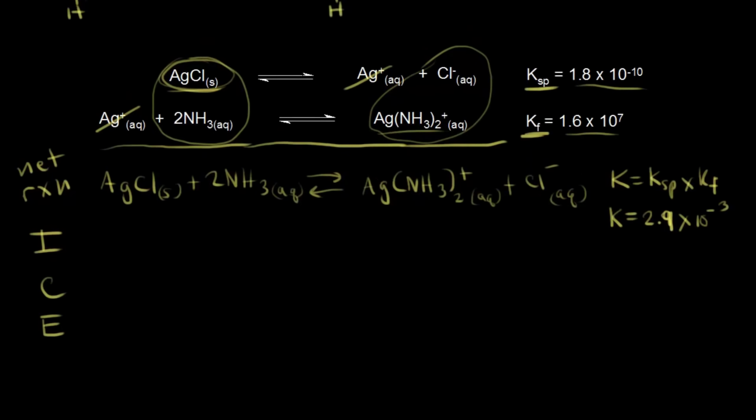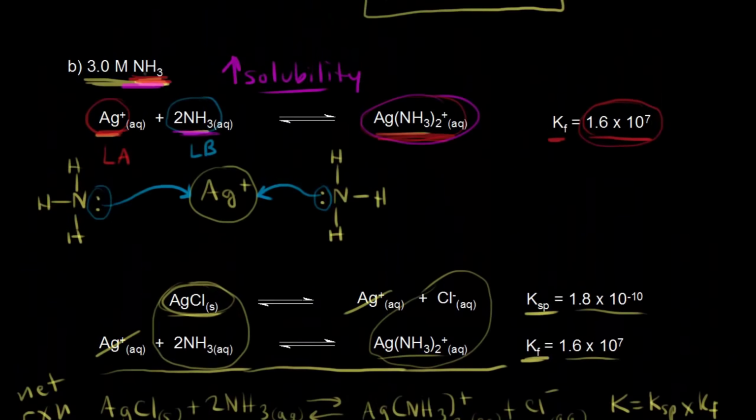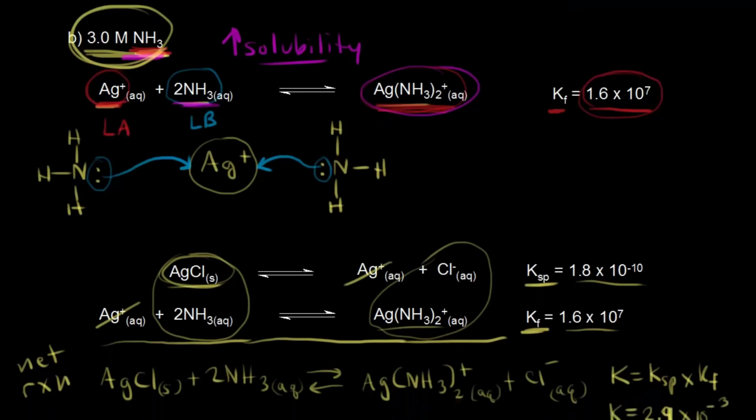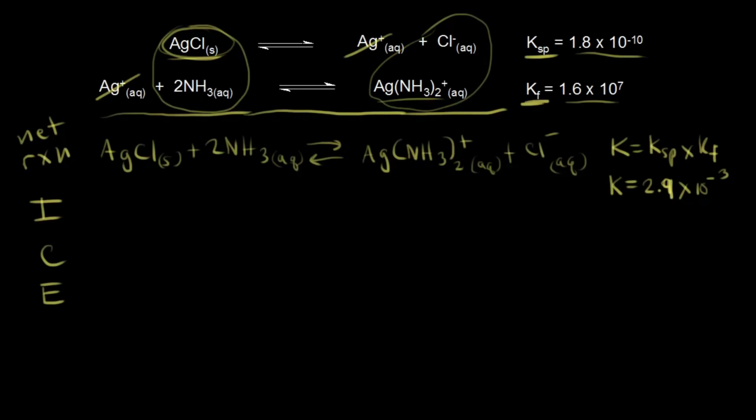We started with a 3 molar solution of ammonia, so our initial concentration for ammonia is 3 molar. If we haven't added any silver chloride, then we don't have any of our complex ion, so that initial concentration is 0, and we wouldn't have any chloride anion either, so that concentration would be 0 too.